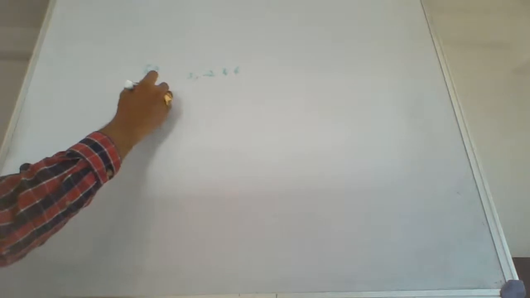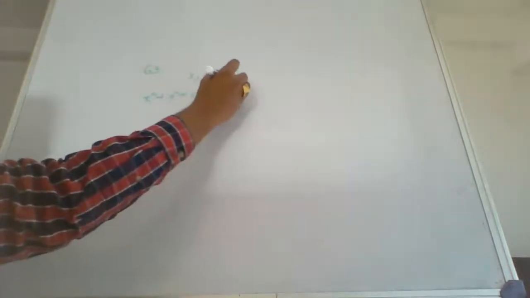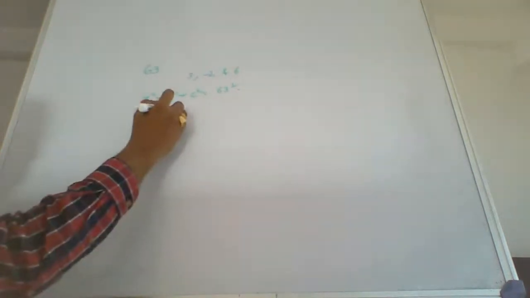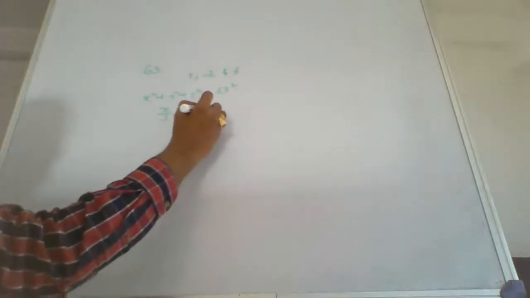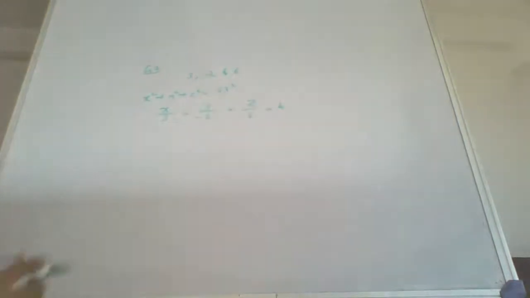Let us try to solve this. We have x square plus y square plus z square equal to 63 square. The corresponding x is 3, y is minus 2, and z is 6. Let us consider that as k.